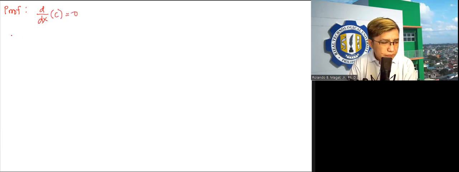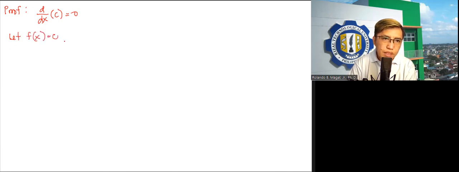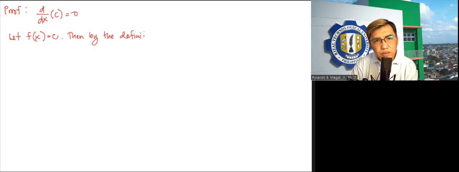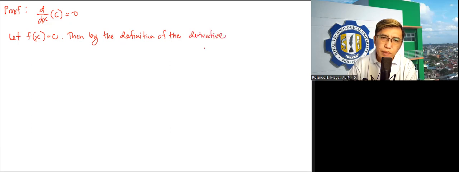Basically, we let f of x be equal to C. Then, by the definition of the derivative that we talked about in the previous video, we have f prime of x.